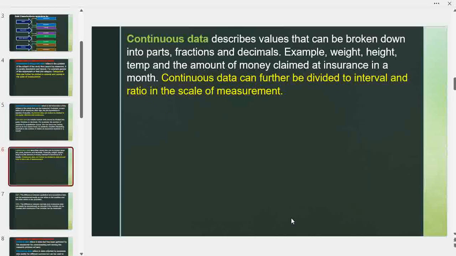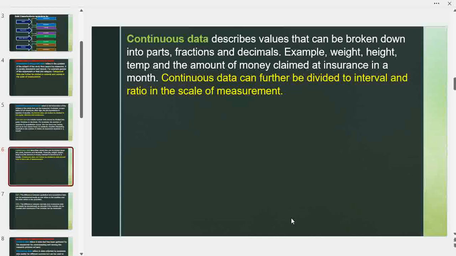We have continuous data. These are the data that can be broken down: height, weight, temperature, money. So these are continuous data because they have points and they can be divided.